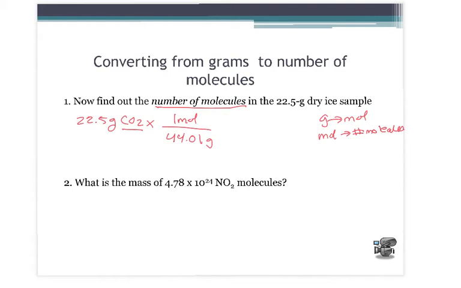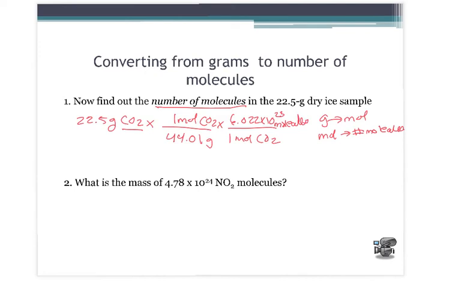Otherwise, it's the same exact process, except we use formula mass and we call it the number of molecules as opposed to the number of atoms. So for every 1 mole of carbon dioxide, we have 6.022 times 10 to the 23rd molecules. Because a dozen is a dozen, it doesn't matter what it is.